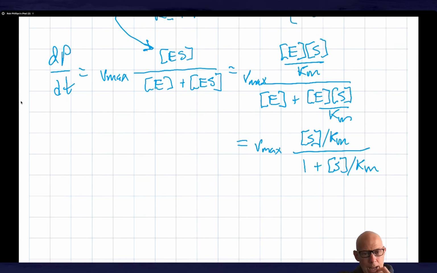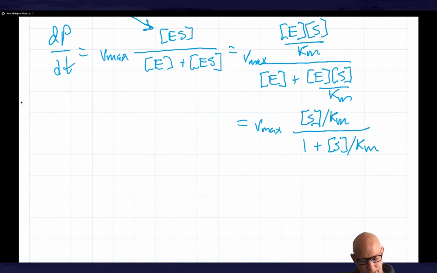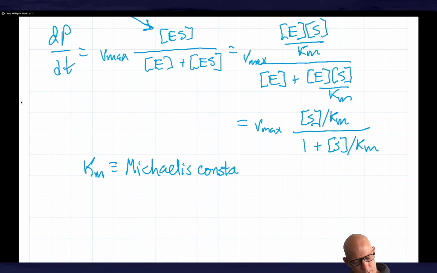So that's really fantastic because, and by the way, I should mention that I've defined Km, which is defined as the Michaelis Constant, and that's equal to K minus plus R over K plus.